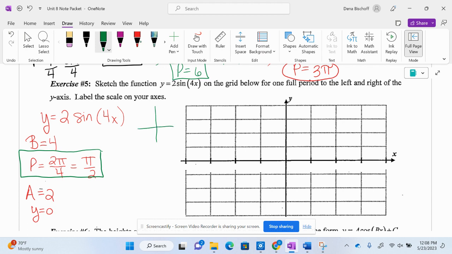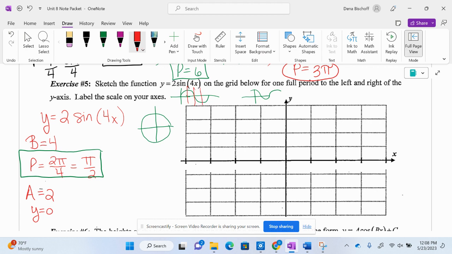Your circle moves around in a quadrant, but your trig graph could go up and then come down, or start up here and go like this. Either way, this is happening in quarters.